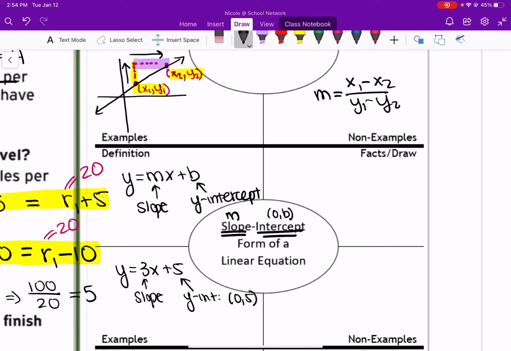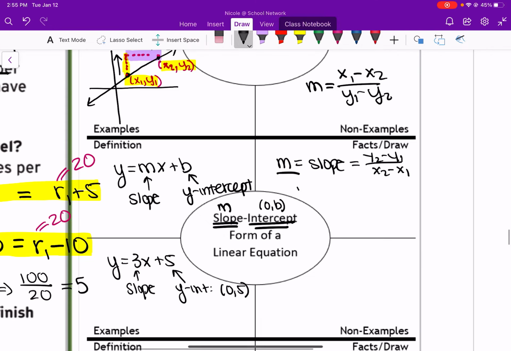So m is equal to the slope, which again we can find using y2 minus y1 over x2 minus x1 if they gave us 2 points. And b is our y-intercept, which on the graph looks like (0, b).